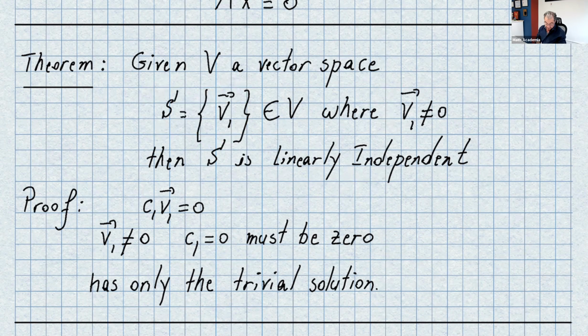The proof is pretty straightforward. You write the vector equation C1 V1 equals 0. We know that V1 is not equal to 0, so the only way that can be 0 is when C1 is 0. So C1 must be 0, so it has only the trivial solution.